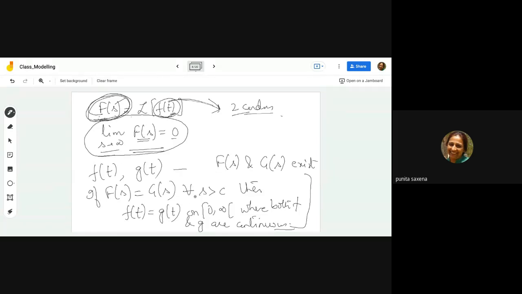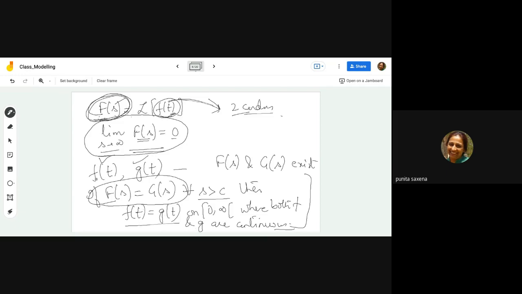In a similar manner, if I have two functions, small f and small g, such that their Laplace transforms are equal, but obviously may not be equal for all s, but may be equal for some s greater than c. So this amounts to saying that they are equal for infinitely many values of s, then they can be equal. Why is this important?